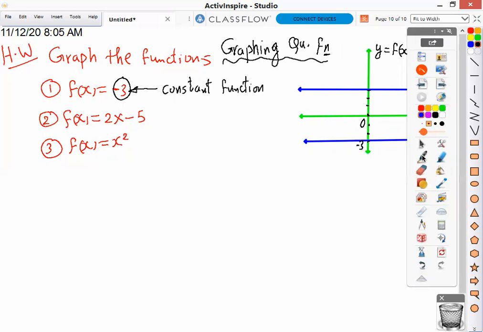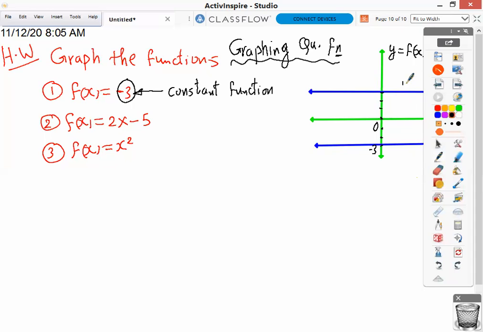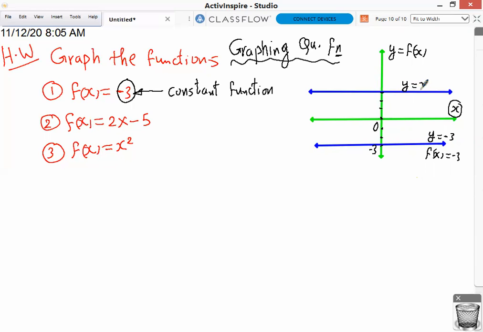And you can write this function, it's y equals 3 or f of x equals 3. Okay? Now you understand how to draw the constant function. Then now you can draw any constant function.